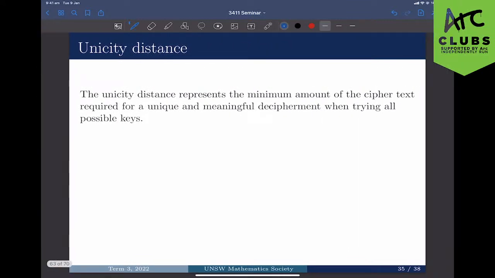So the final topic I'm going to look at briefly is called the unicity distance. The unicity distance represents the minimum amount of the ciphertext required for a unique and meaningful decipherment when trying all possible keys. So it's kind of like you want to be able to decipher an encrypted text.